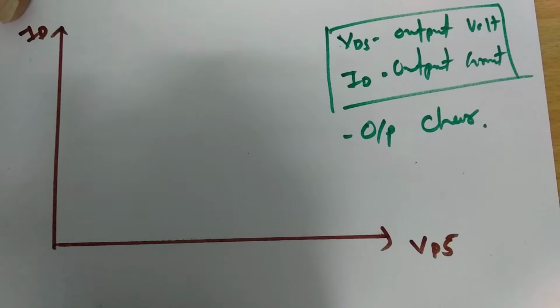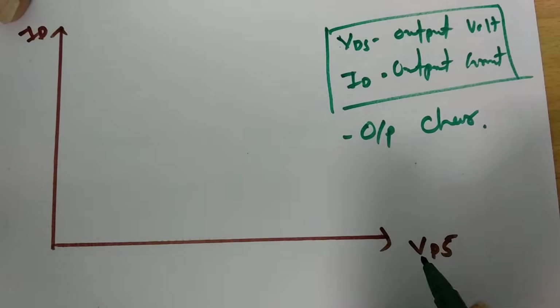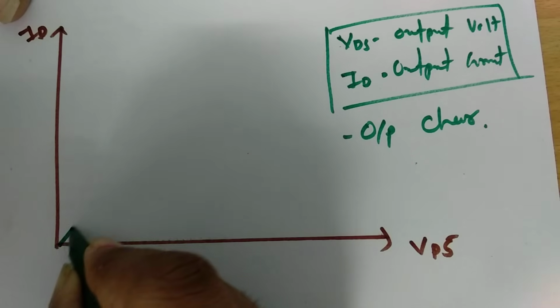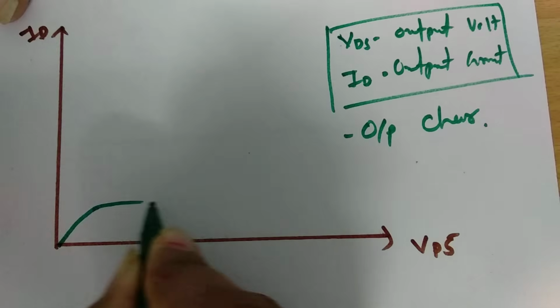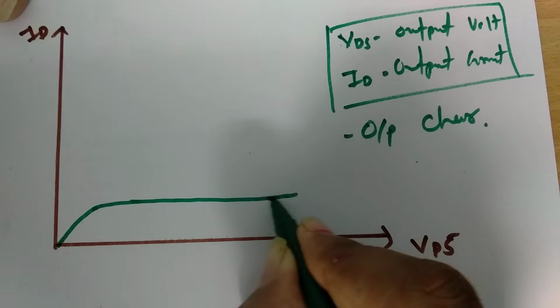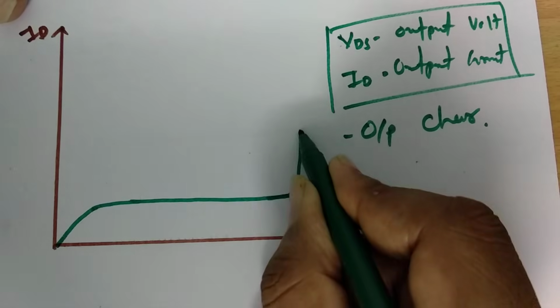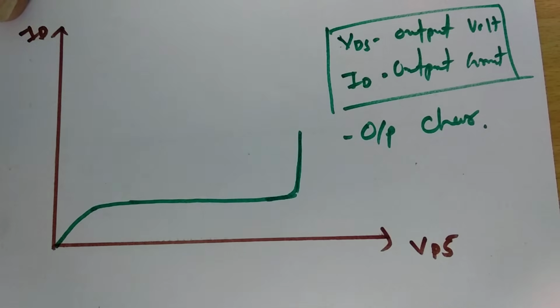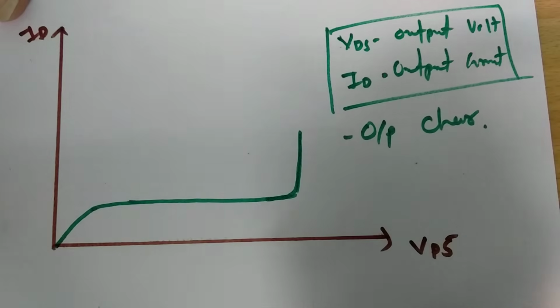Now at constant input voltage VGS, if we increase VDS, initially ID will increase, and then after that ID will become constant, and after a breakdown there will be a high amount of current flow of ID. So this is what happens at constant VGS.